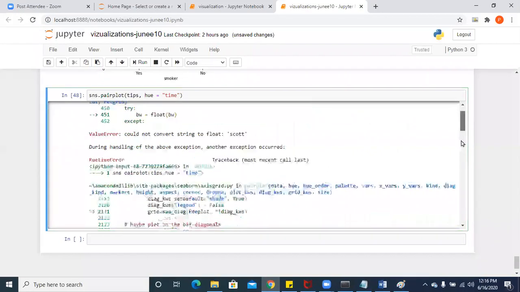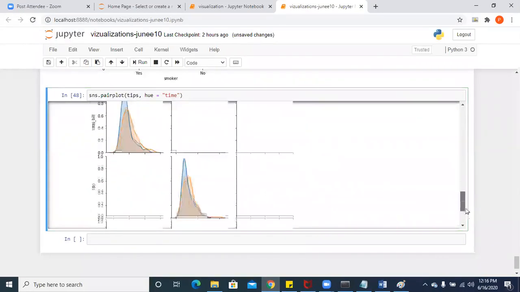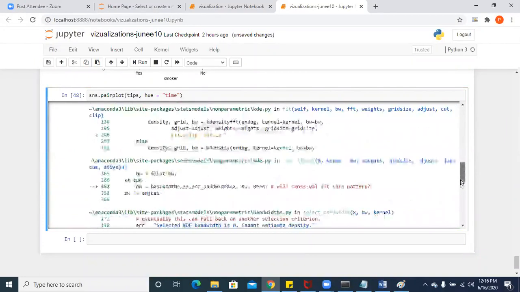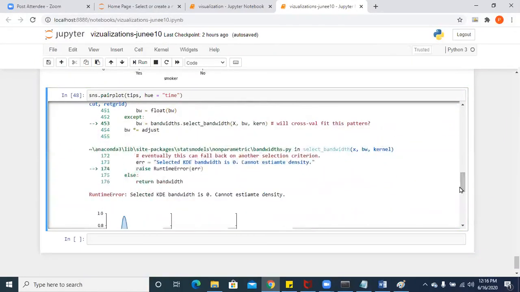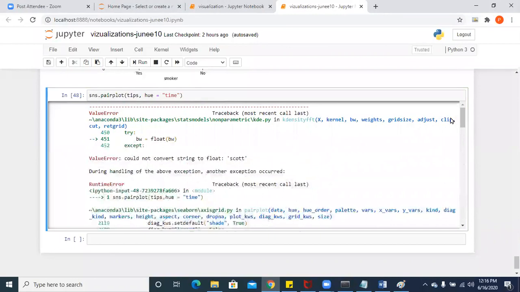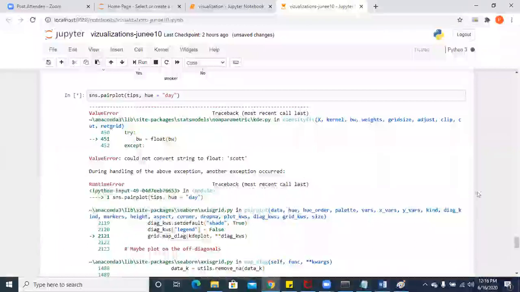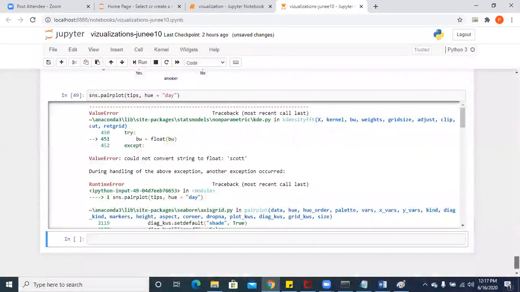What is the error that I got? KDE bandwidth is 0. Oops. Cannot estimate the density.